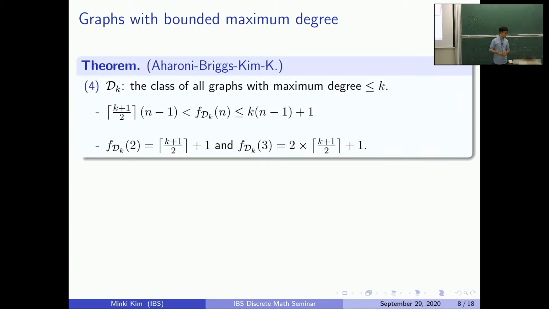For small values of n, we could prove this lower bound is indeed the right number. So F_2 equals the ceiling of (k plus 1) over 2, plus 1, and F_3 is 2 times the ceiling of (k plus 1) over 2, plus 1. And we conjectured that in general, F_n equals this lower bound plus 1.